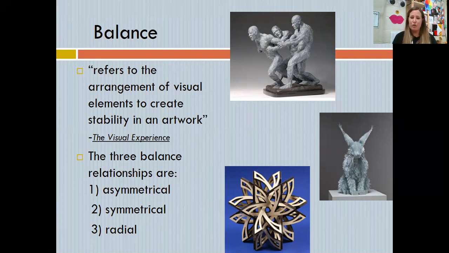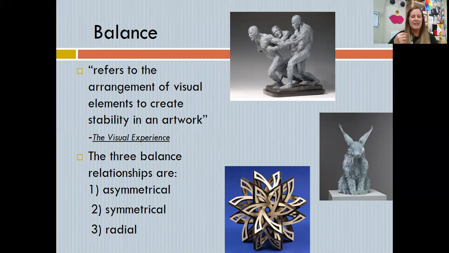We have asymmetrical balance. The top sculpture is asymmetrically balanced because if I look at it, I still have visual weight factors. I have repeating color schemes, good use of positive and negative space, and good use of proportions. But when I look at the form distribution, or the movement of those bodies, it looks more chaotic and more unorganized.